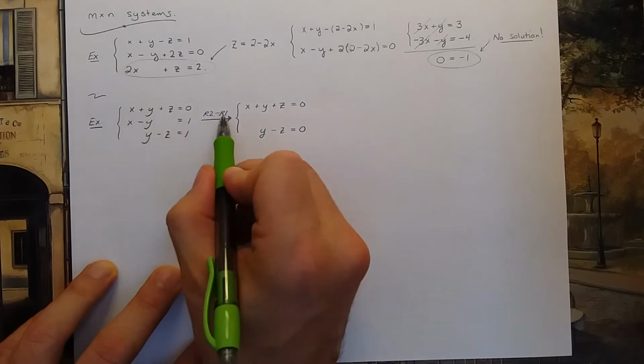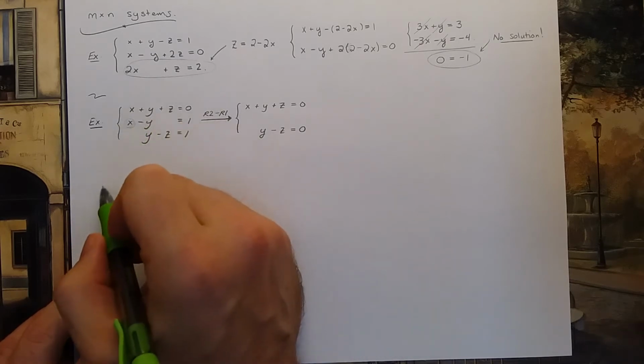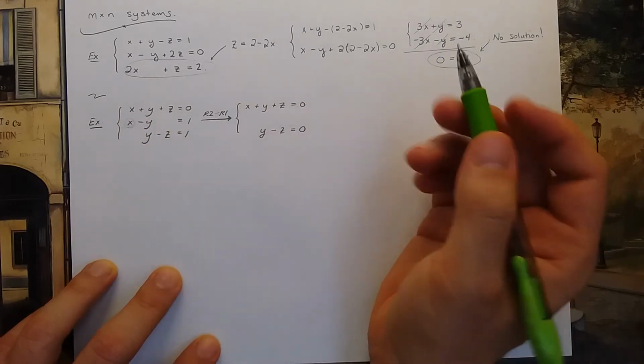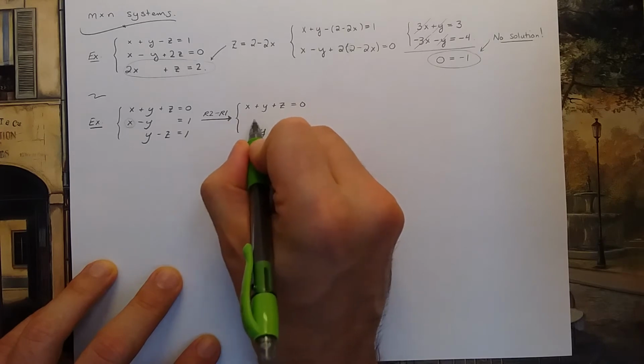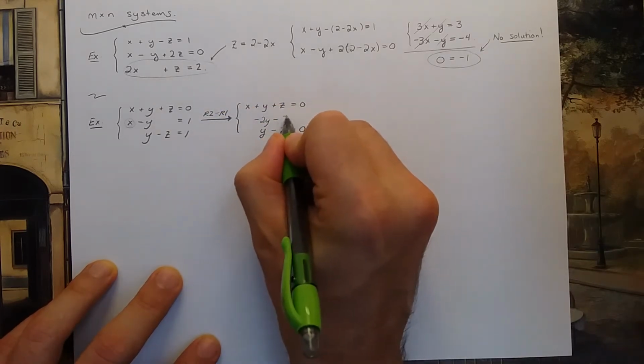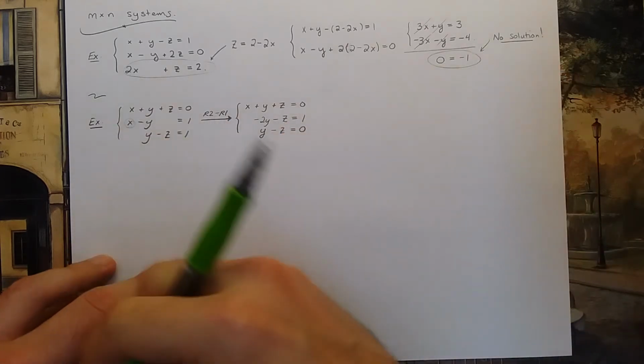The reason I'm going to subtract row 1 is because I'm trying to eliminate this x right here. And so if I take this row and subtract the first row, I get rid of the x. And I think I'm going to be left with negative 2y minus z is equal to 1 still. Oh, this should be a 1 as well.